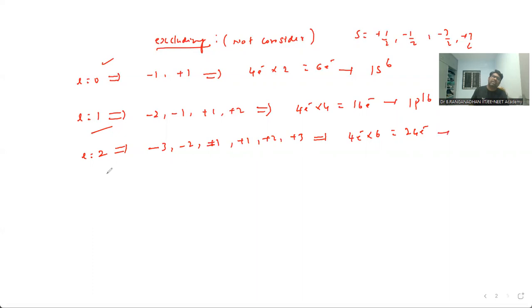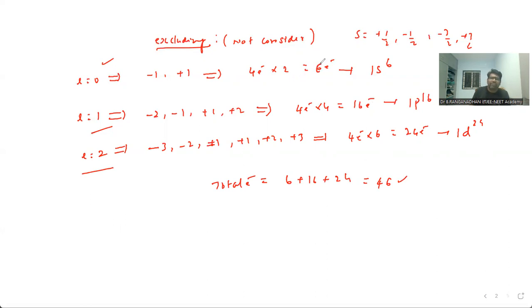L equals 2 means the d orbital, 1d with 24. Total number of electrons is 6 plus 16 plus 24, which is 46 electrons.